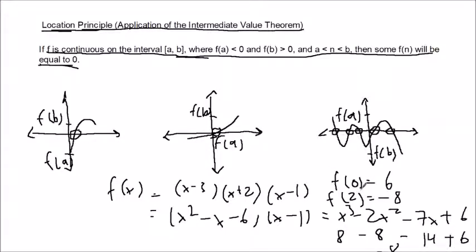So if the function is continuous and there's a point that's higher and a point that's lower than 0, there will be one input in the middle of those two inputs that is exactly equal to 0. So that's something to know. I don't think it'll be tested in your final or whatever, but that's something good to know.